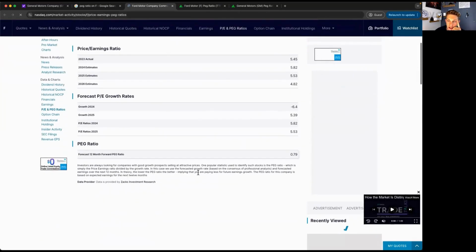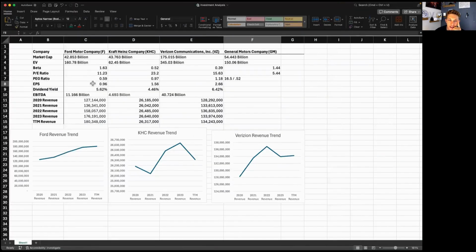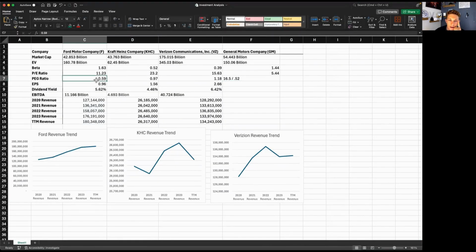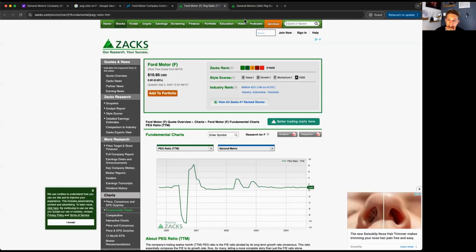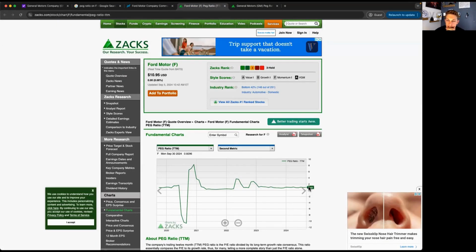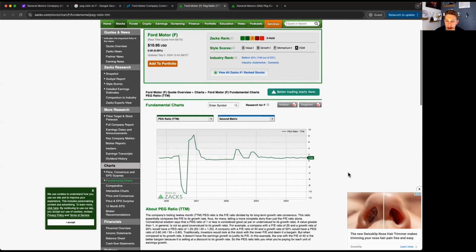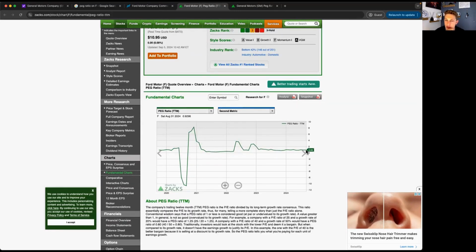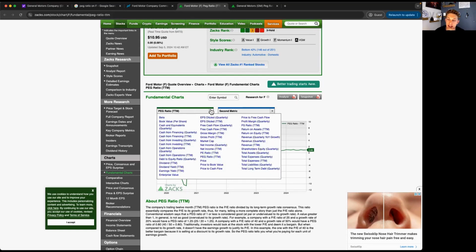Right, we're looking at PEG 0.79, which is looking at 1 year versus looking at 5 years, so that kind of makes sense. Which is 0.93, and this one, I don't know. See, this is a trailing 12 months, so that's fine.